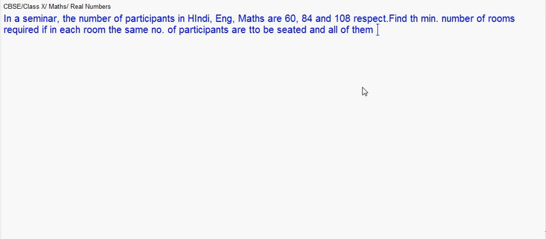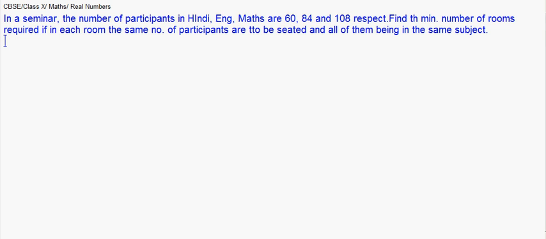All of them sit in the same room, all of them being in the same subject. What we do, the number of participants in each room must be what? The number of participants, that is 60, 84 and 108. If you find the HCF of these 3 numbers, that will give you the number of participants in each room.